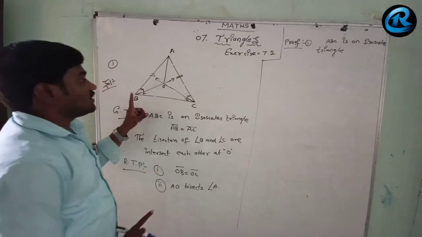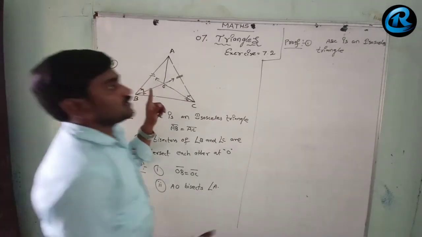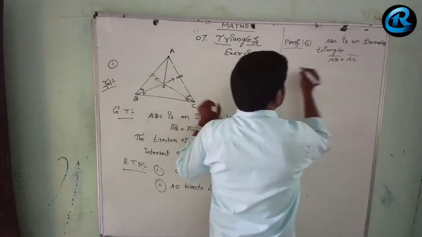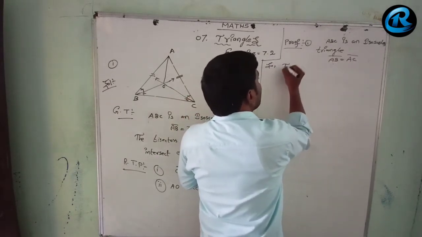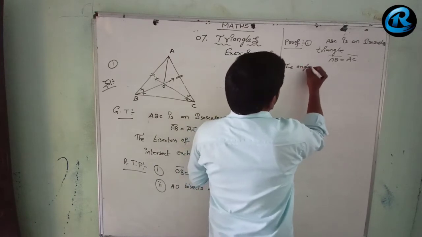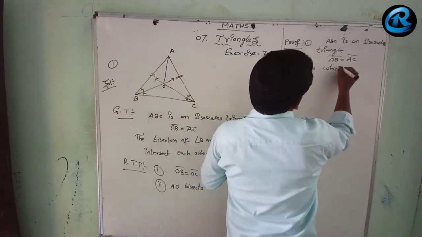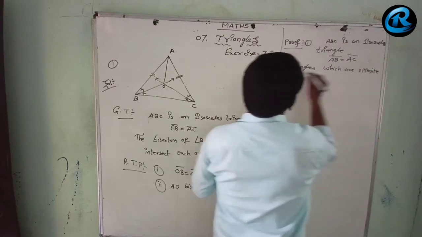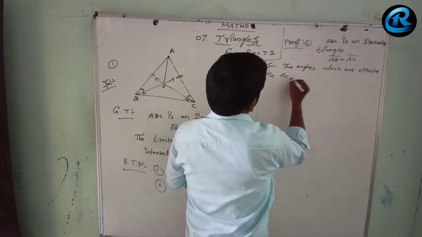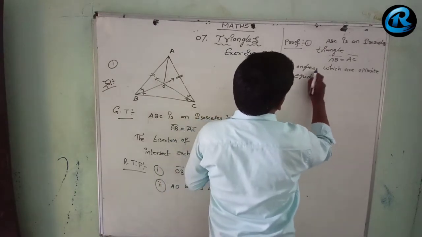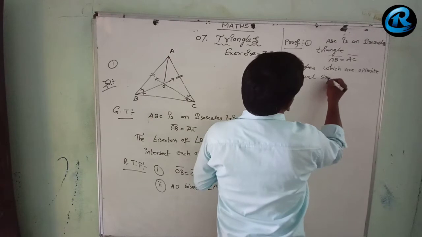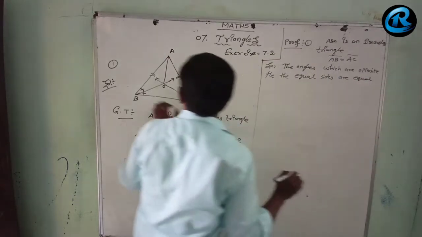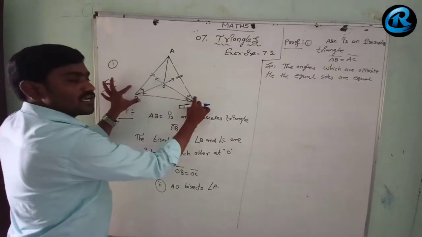So the angles which are opposite to the equal sides are equal. Here AB equal to AC, which is given. So these two sides are equal, so these two angles will be equal.